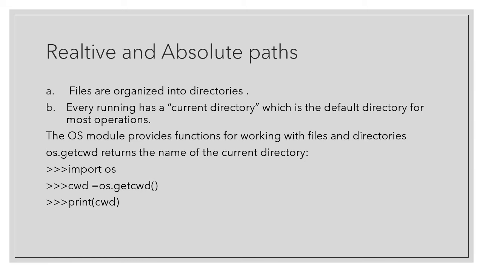In each running program, there is a current directory, which is the default directory for most operations. For example, while opening a file for reading, Python looks for it in the current directory.